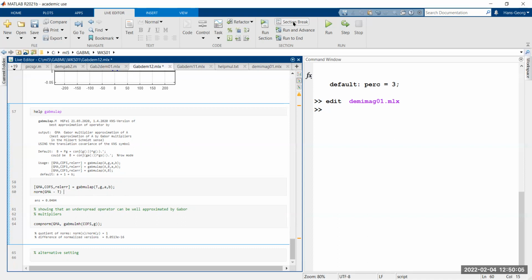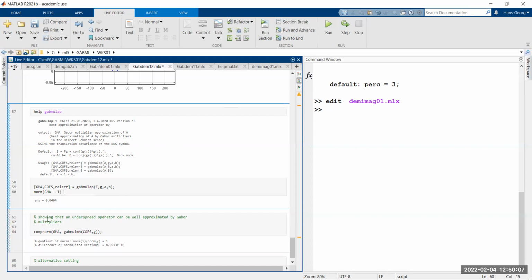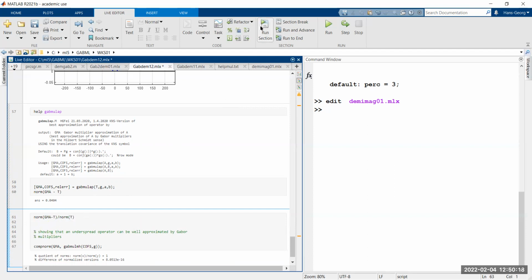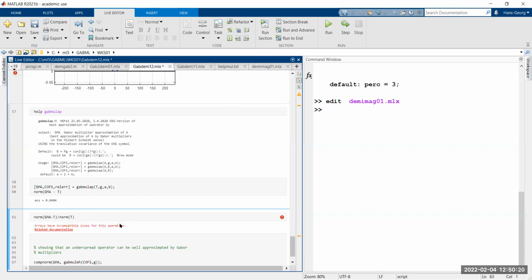Maybe we can compute this. What is the norm of the Gabor multiplier approximating T compared to the norm of T? That's maybe more relevant. I didn't reactivate this command, maybe we should do it now.